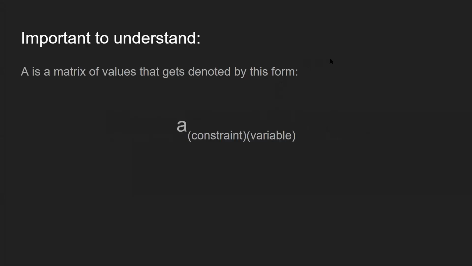The first thing that's important to understand is we have A as a matrix of values, but we reference it with a lowercase a, and what confuses people is the values you end up putting there. Say you wanted to swap a constraint, the value for the constraint would be that row, not the number associated with that variable.